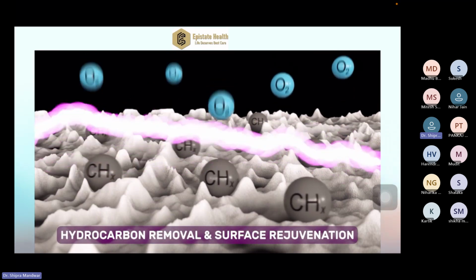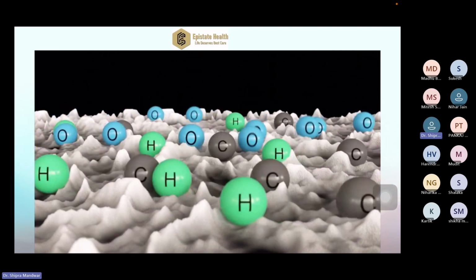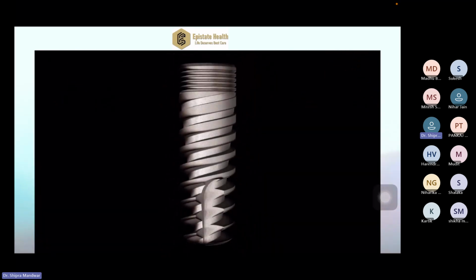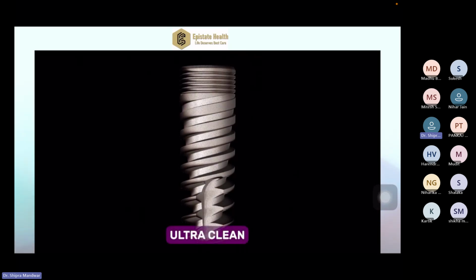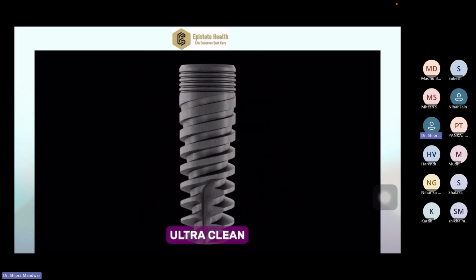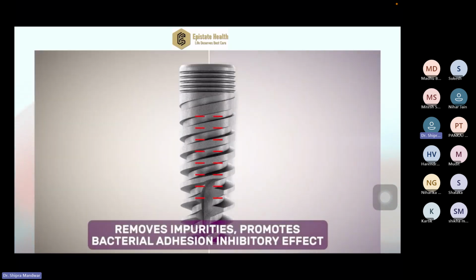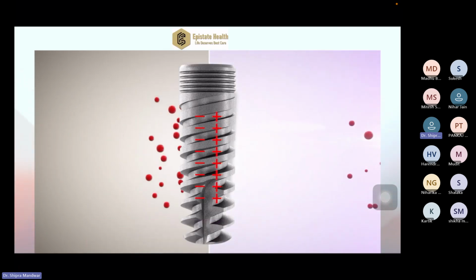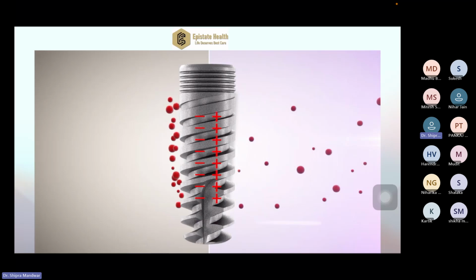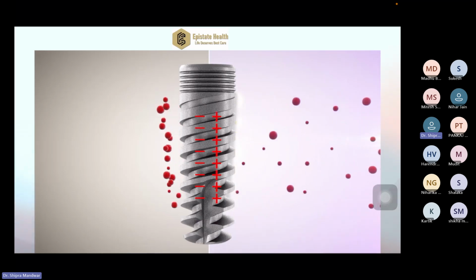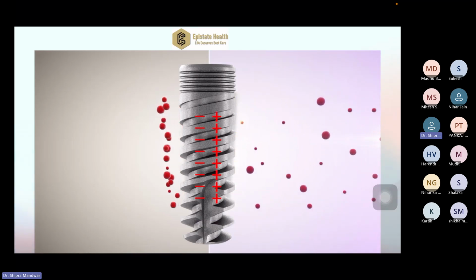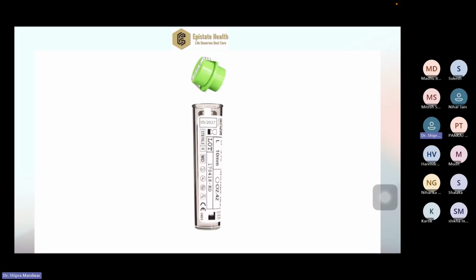Okay, so now that we have applied the plasma, there are RONS, reactive oxygen and nitrogen species, which make the surface ultra reactive and ultra clean. This is the first thing. Now once the plasma is exposed, you render a positive charge to the implant, which attracts the osteoblastic cells, resulting in better osseointegration and accelerated healing.